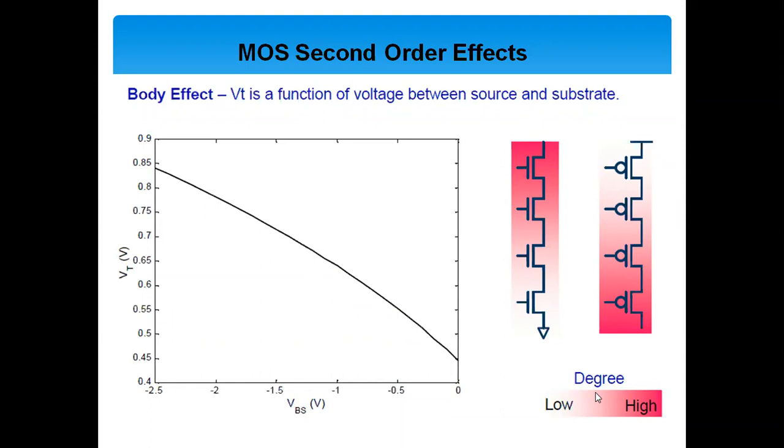Exactly the reverse is the case with the PMOS. In case of PMOS, the portion nearer to VDD dissipates less heat, and as you travel towards the ground, the heat dissipation will increase. So this is the body effect.